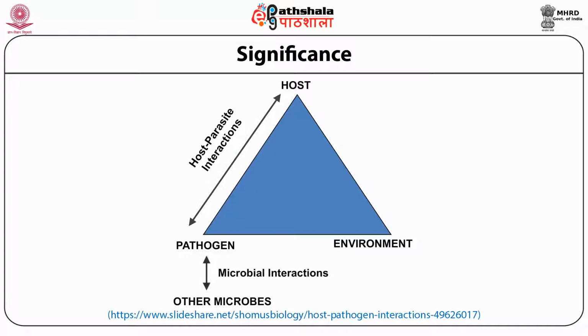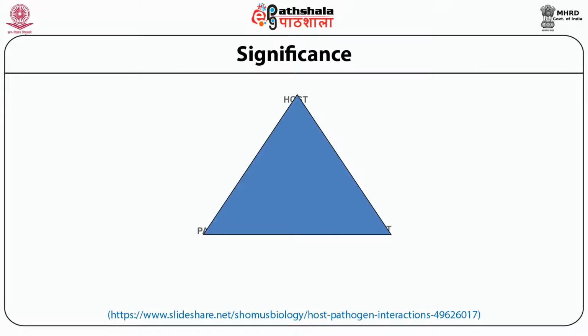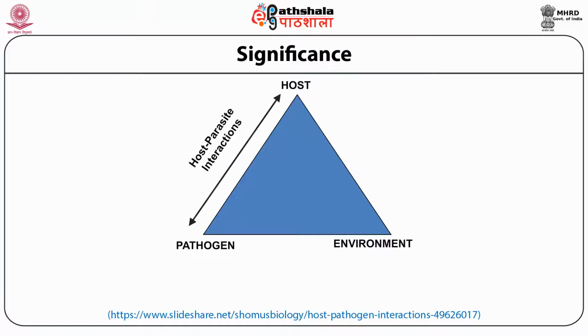Whenever there is a rapid change in environment, from summer to winter, heat to cold, or in rainy seasons, the change puts stress on the host, and that becomes a favorable condition for the pathogen to establish its infection in the host.